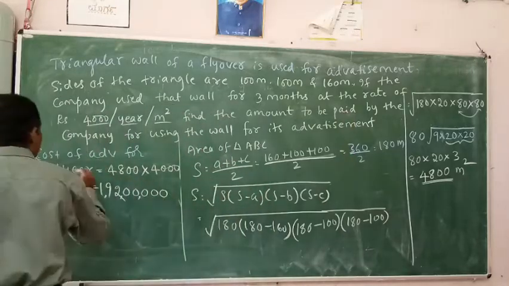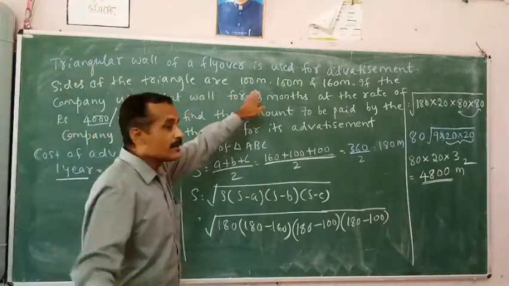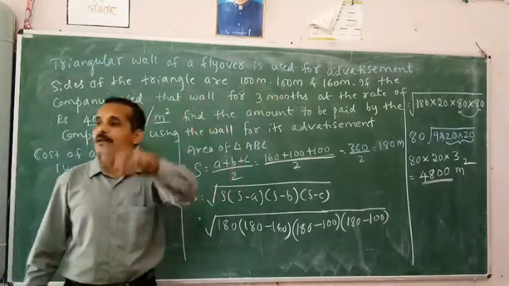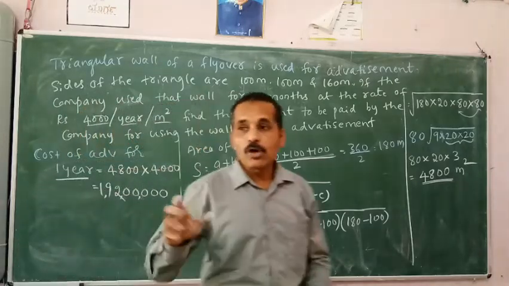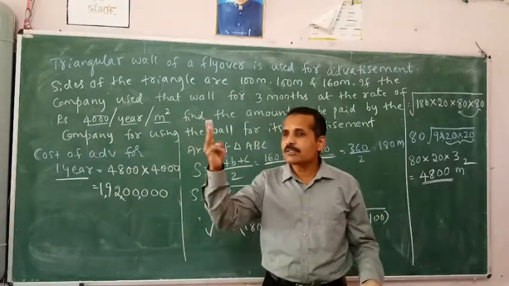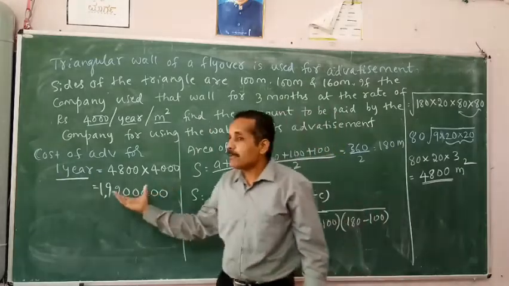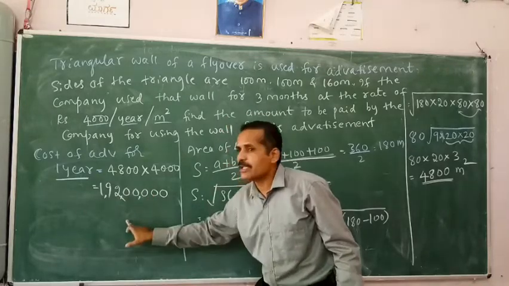For 1 year. But the company has not used it for the whole year. What they say? The company has used the wall for only 3 months. So where the students are making the mistake, they will think that for 1 year this much, so for 3 months how much? Divided by 3.